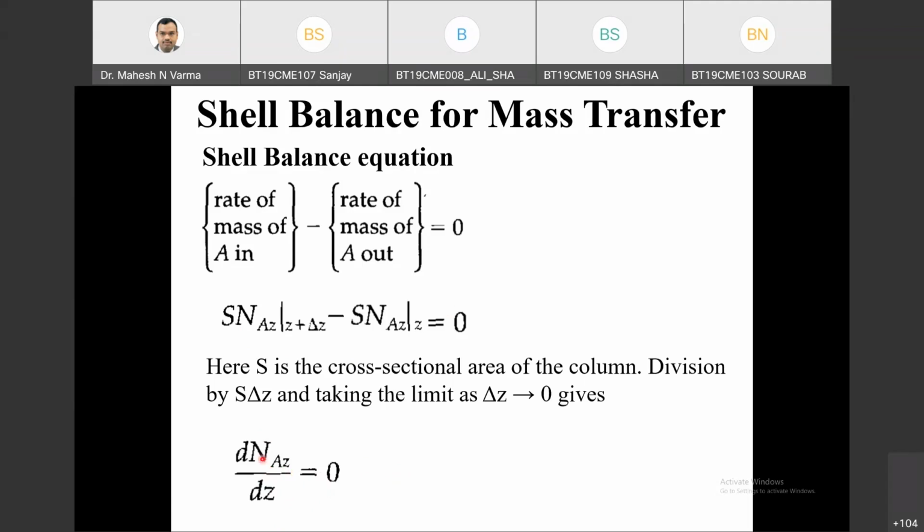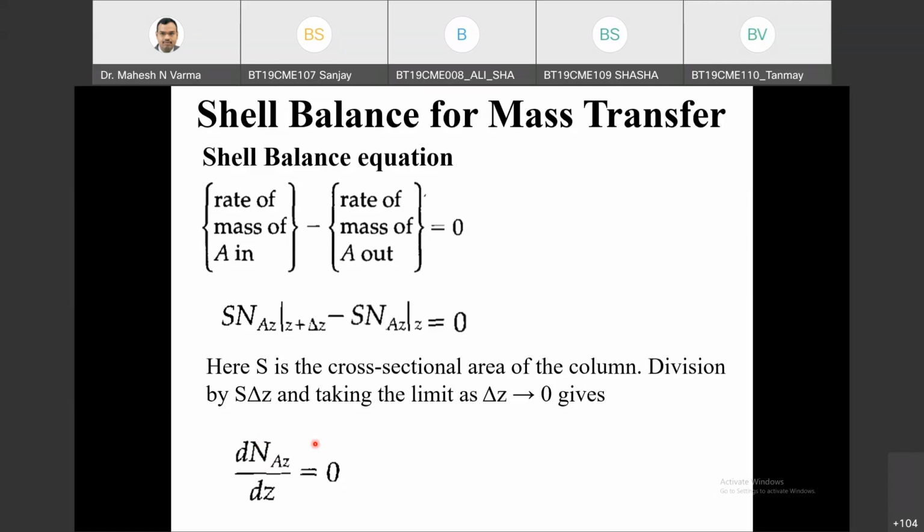So now NAZ, how to get NAZ? Roll number 110, Tanmay. How to get NAZ? Like we have the binary system, so we have A and B. Your mic is not working properly.